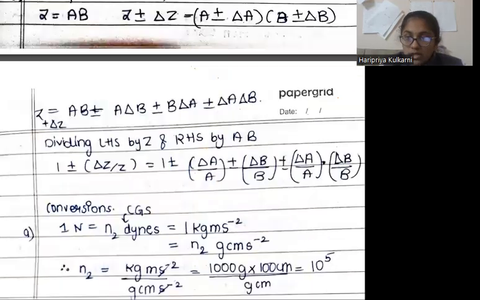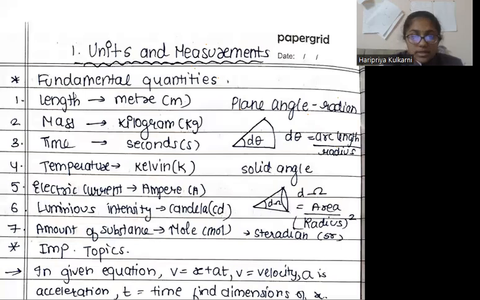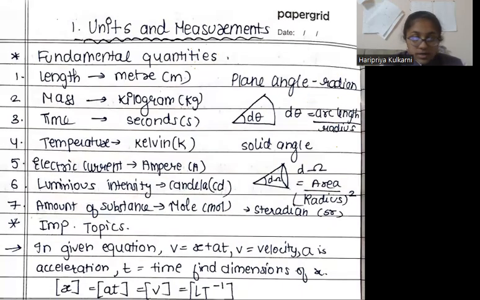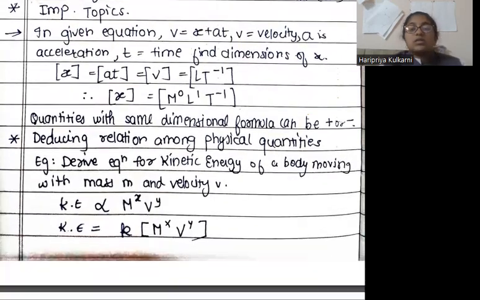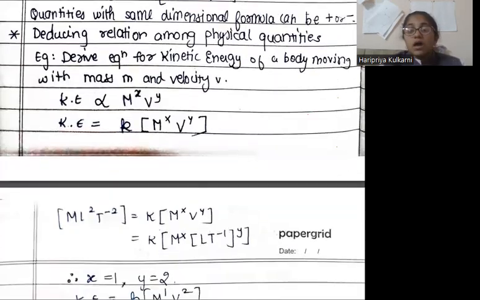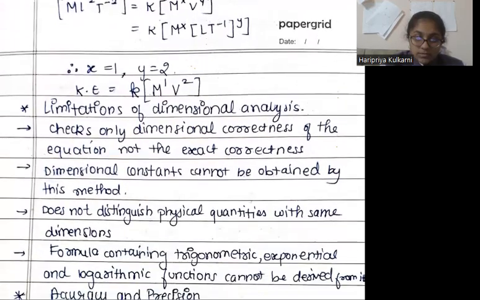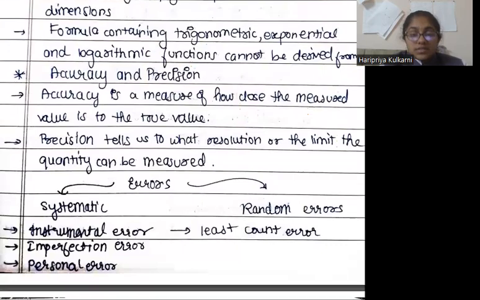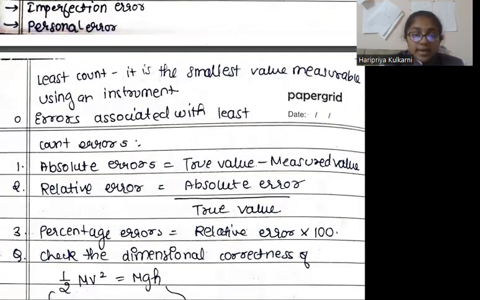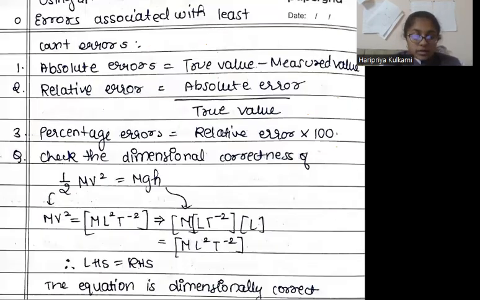So I'll just scroll the notes once. Yeah, so we did with fundamental quantities done, right? We also discussed about dimensional formulas. What are the uses of dimensional formulas? How to solve questions based on dimensional formulas, limitations of dimensional analysis, and accuracy and precision. Then types of least count errors, right?